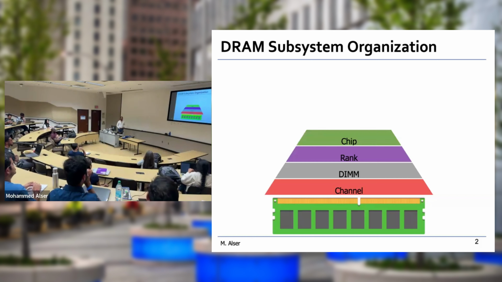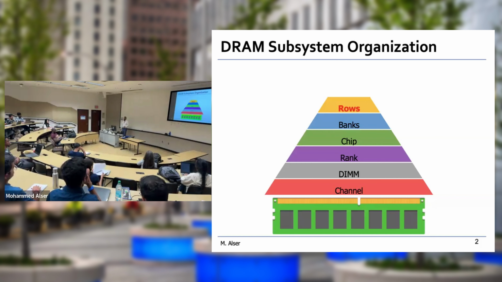The rank consists of chips, right? And then each chip has banks. Each of those banks has subarrays, which are a collection of rows, or a matrix, right? And we said the granularity at which we can access those chips or banks is rows. Excellent. Who said that?